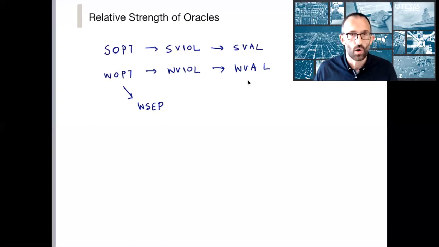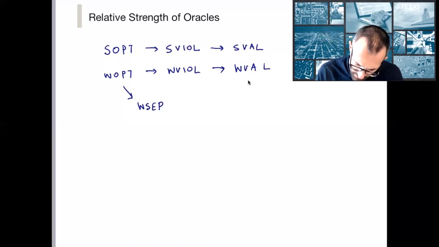So now let's talk about what other arrows we can fill in. I mentioned that weak violation is the decision problem, or that the violation problem is the decision version of optimization. So naturally we would think that we should be able to solve the optimization problem, certainly at least the weak optimization problem, if we're given an oracle for the weak violation problem by bisection.